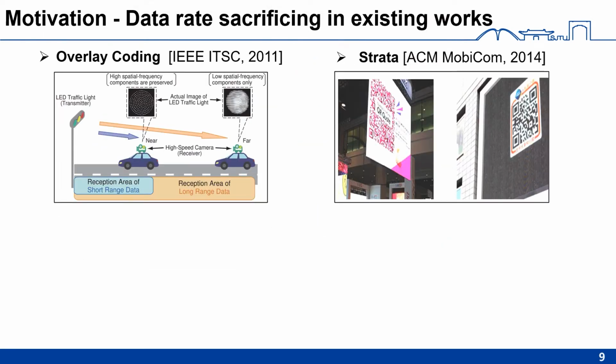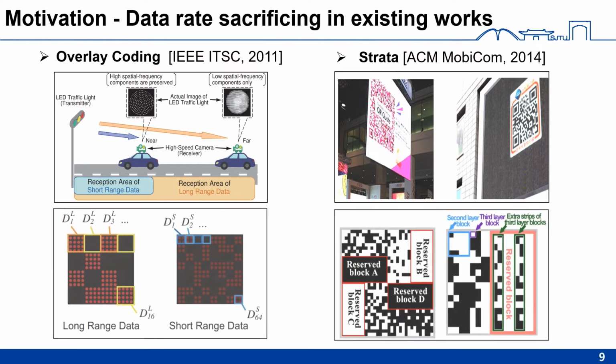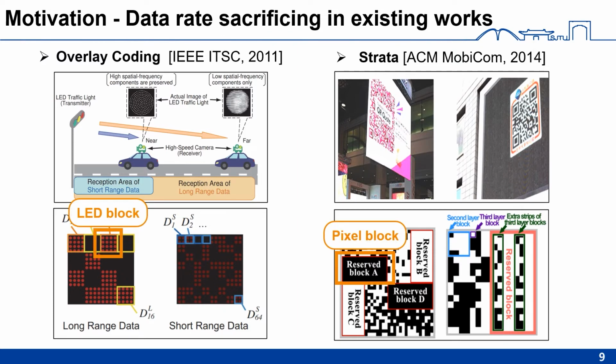Several previous studies have proposed hierarchical coding schemes to provide adaptive and scalable transmission capabilities for LED-based OCC systems, such as overlay coding and strata. However, the existing hierarchical coding schemes adopt a block-based coding.